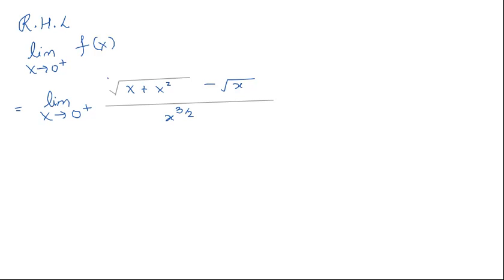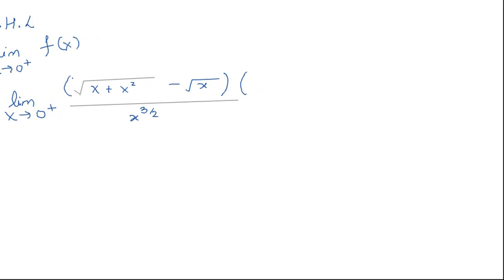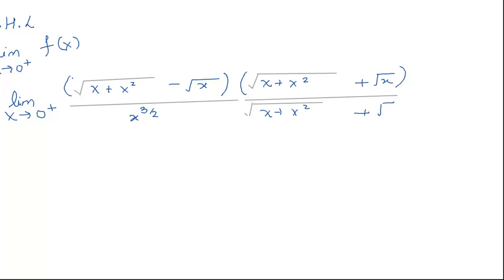So first of all we will rationalize the numerator, and for this we will multiply numerator and denominator by √(x + x²) + √x, and in the denominator also we will have the same thing, that is √(x + x²) + √x.